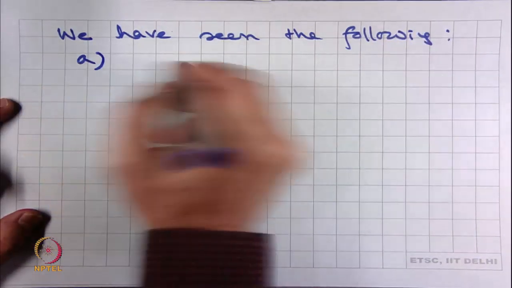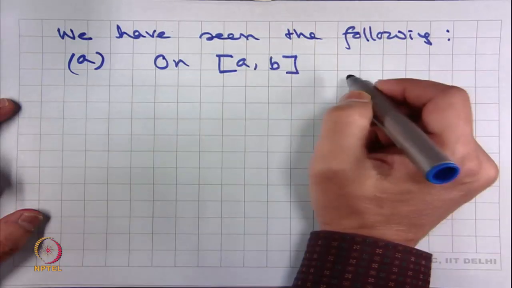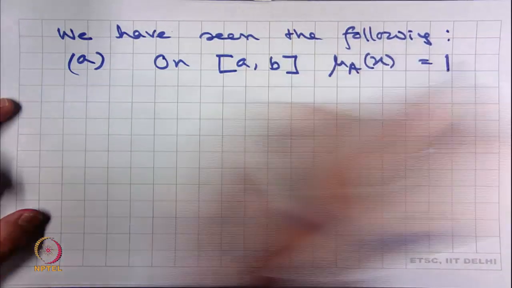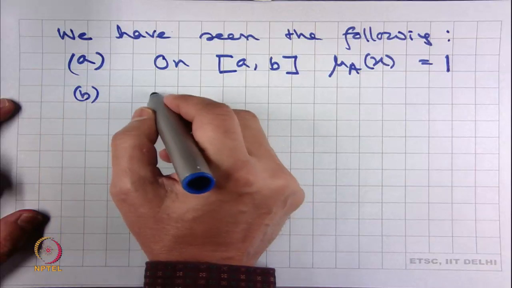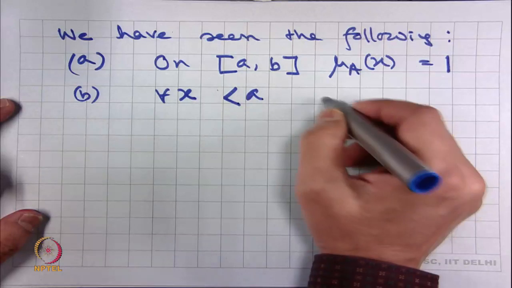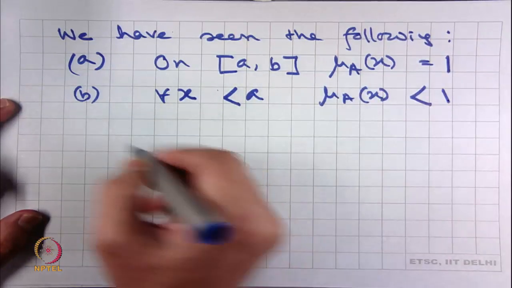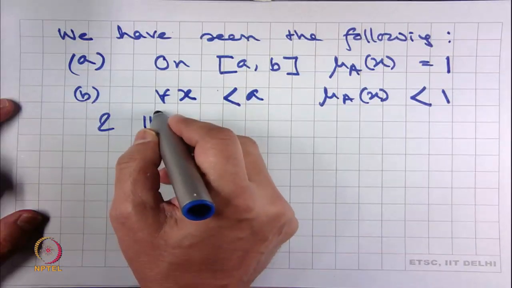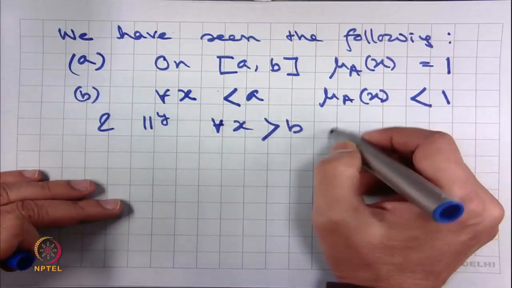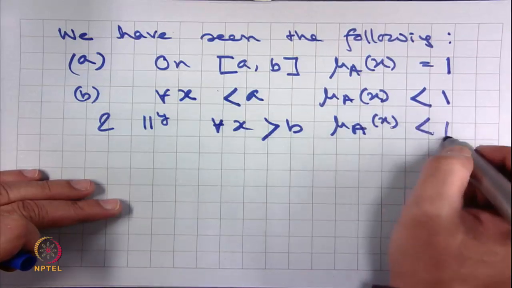On A, B, mu A x is equal to 1. For all x less than A, mu A x is less than 1, and similarly for all x greater than B, mu A of x is less than 1.